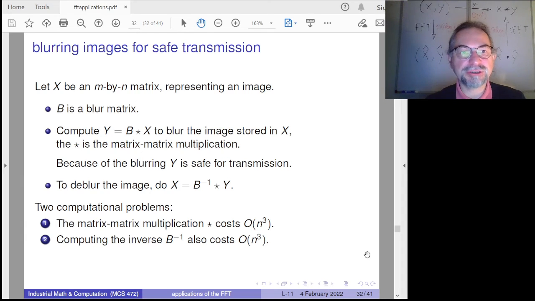We will compute the image. So here if the X is an m by n, so m rows, n columns, then B, the blur matrix, has to be m by n. And here the inverse is then m to the power 3.